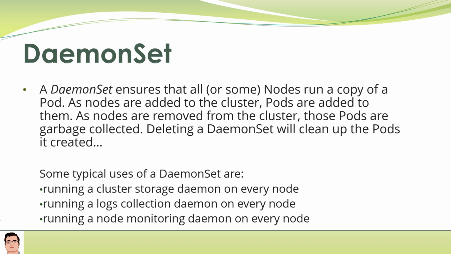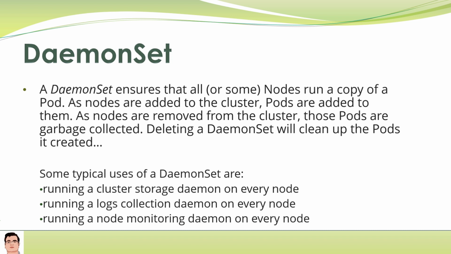Then you don't have to do anything. The similar pod will get deployed. A single copy of the pod will get deployed on each of the nodes. This is the main thing, the beauty of the DaemonSet.